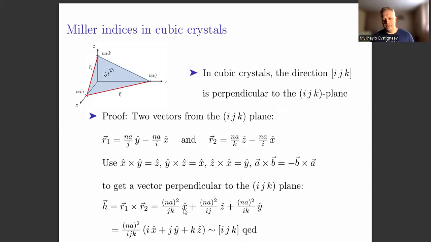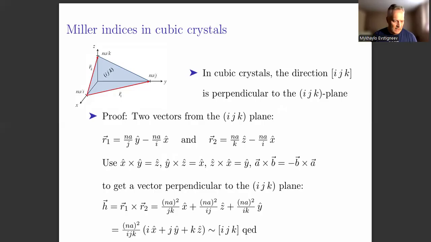Now, I take the product ijk out of the brackets. And in the brackets, I get i x unit vector plus j y unit vector plus k z unit vector. But this combination is nothing else but a direction vector with the Miller indices ijk, the same as the Miller indices for the plane.